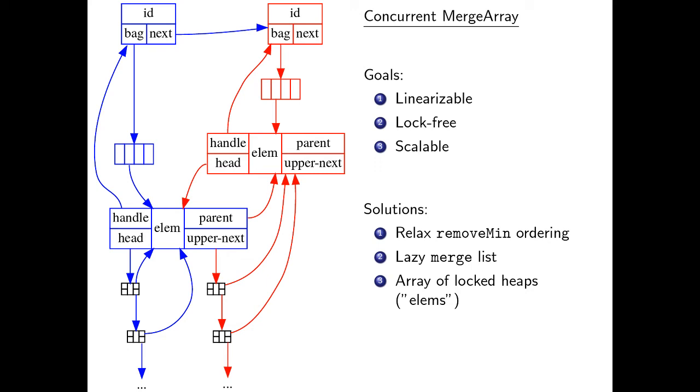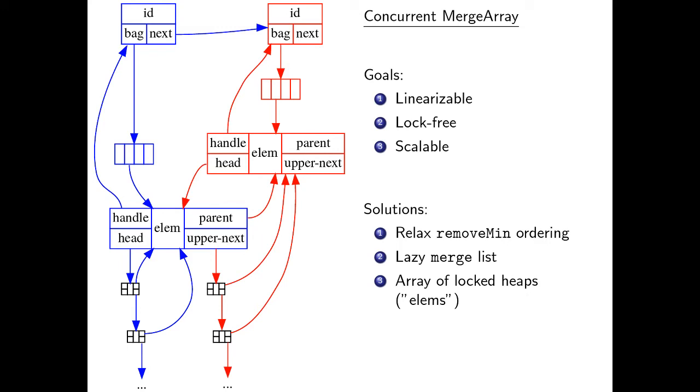So for doing a concurrent merge array, we want linearizability, lock freedom, and scalability, and a rough correspondence to the solutions in order. The first thing we do is relax the remove min ordering, where you can just go to any of these positions in the array and do a remove, rather than having to look through every single one and try to find the minimum or something.